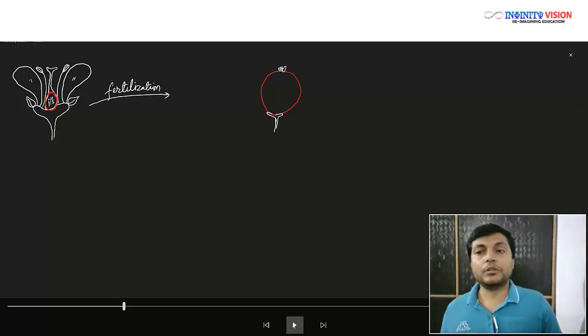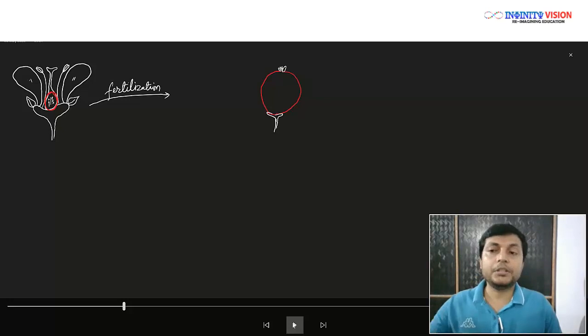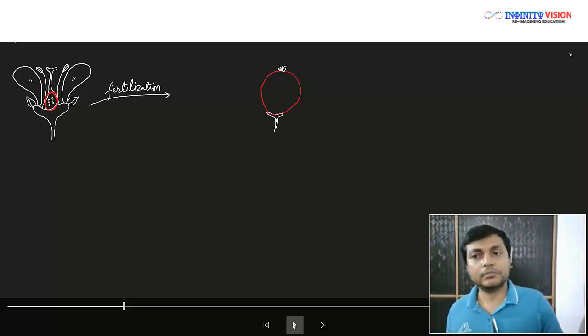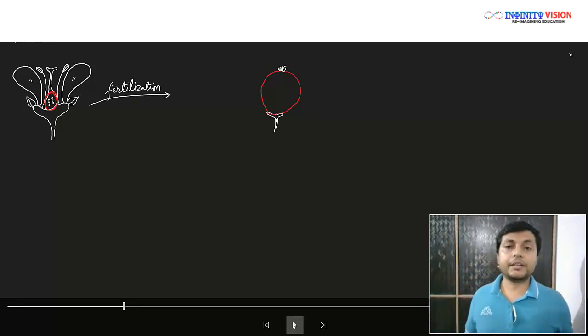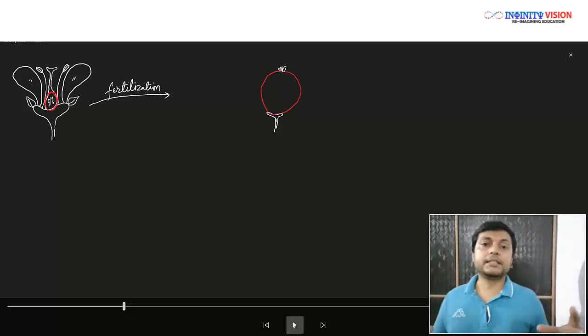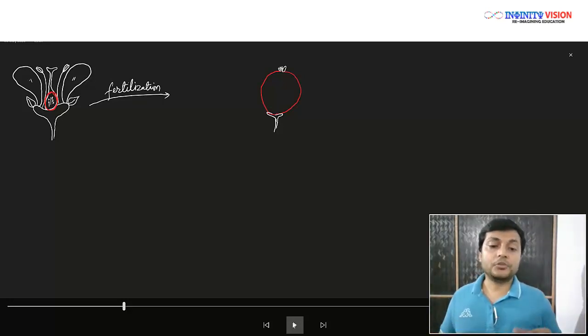It depends on the position of the ovary, whether it is superior or inferior. Okay. But apart from the ovary, remaining all structures, in most of the cases, are dried up. Okay, so remaining all structures dry up and the ovary swells and transforms into fruit.